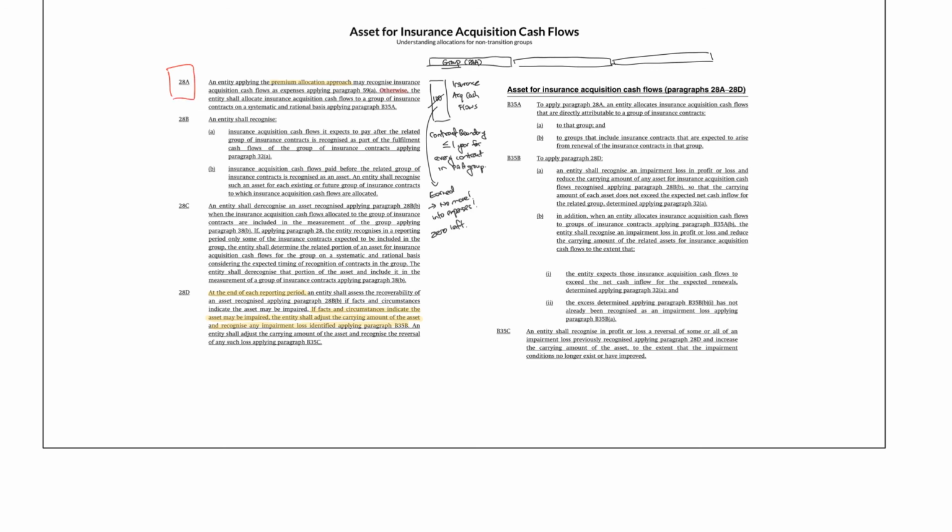So can we do this? Can we do that? Because does that go against the principle of allocating the acquisition cash flows to the right places? So not sure yet, but maybe we'll find out in the future after a few rounds of industry discussions.